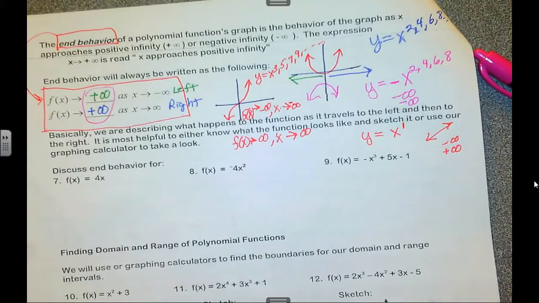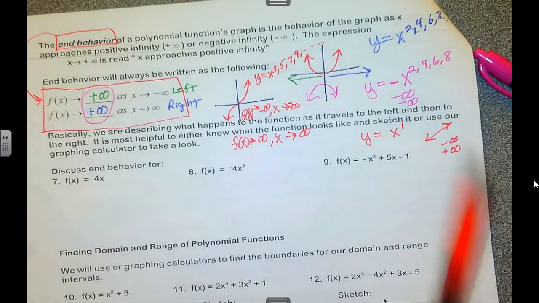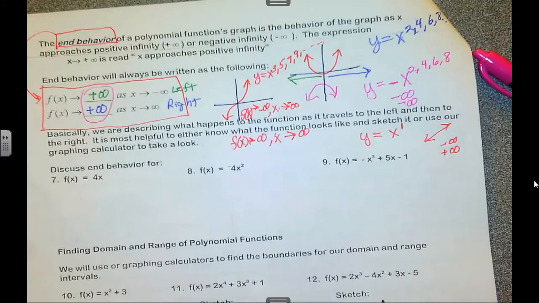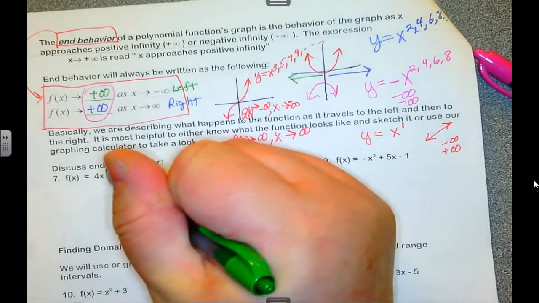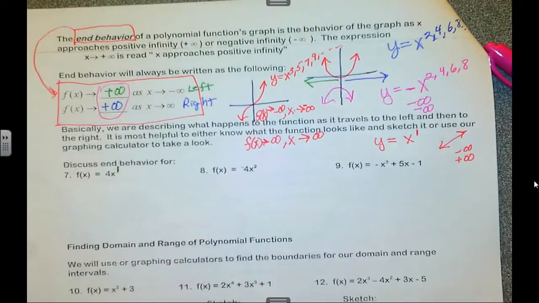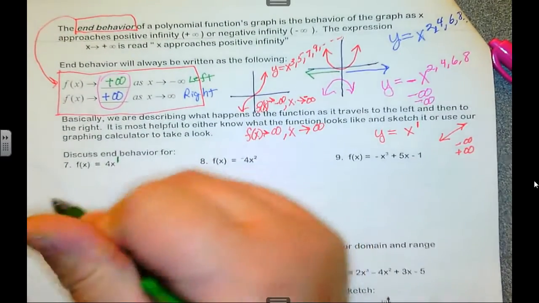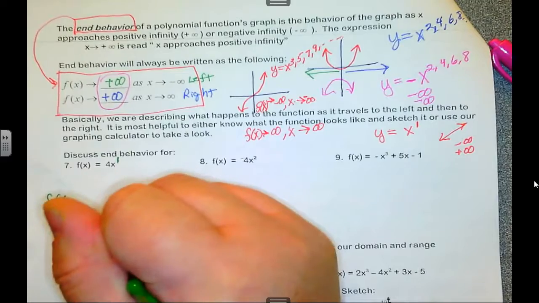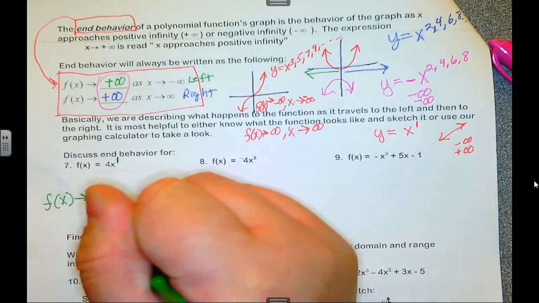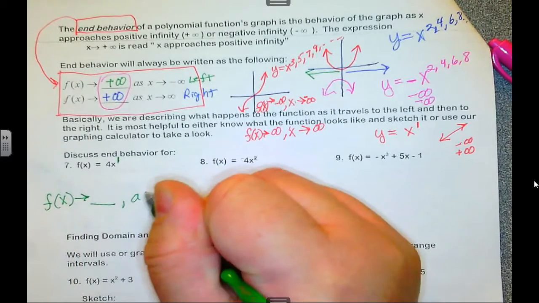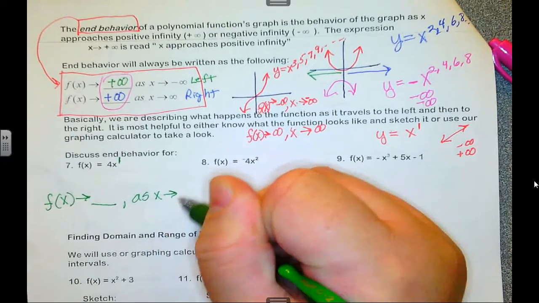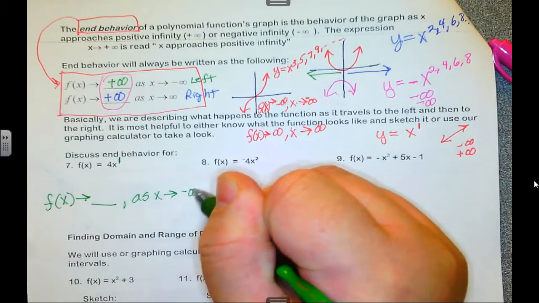So in number 7, it says sketch the graph and come up with the end behavior. Well, I already know that this is an odd integer, so I need my template. A fancy way of saying x goes to the left.